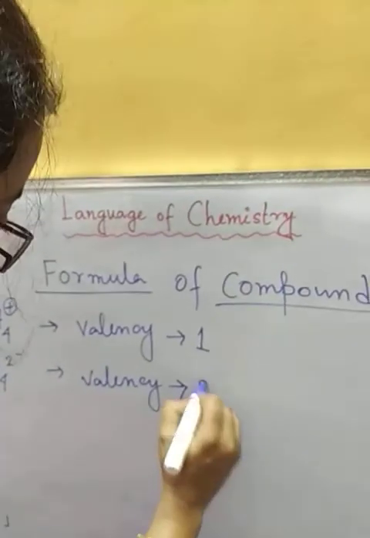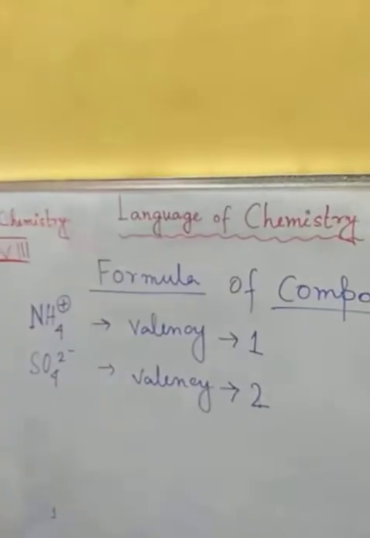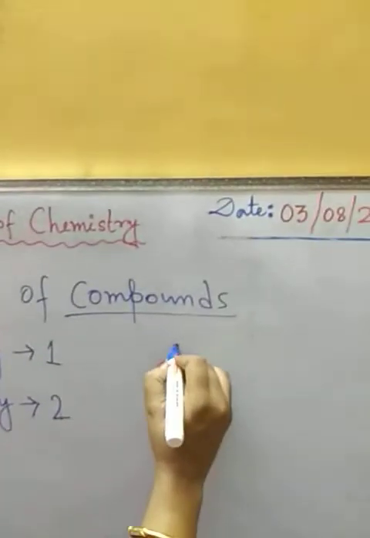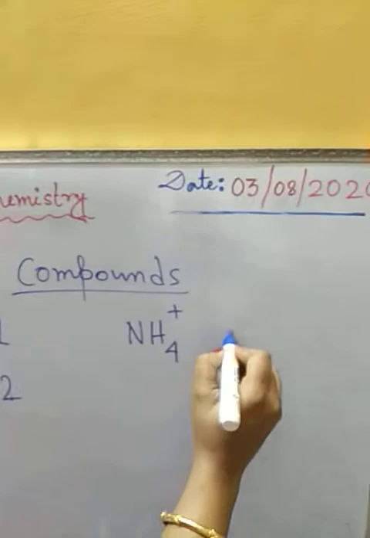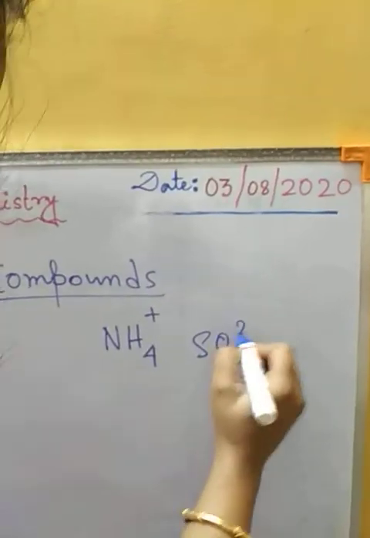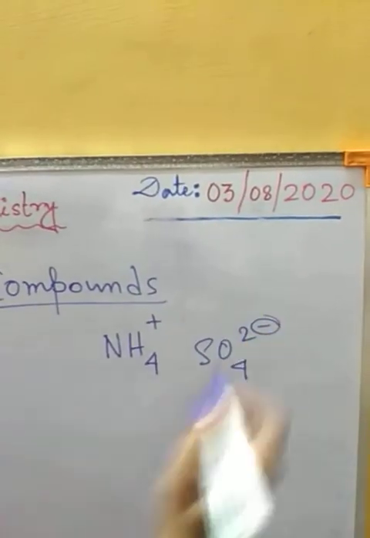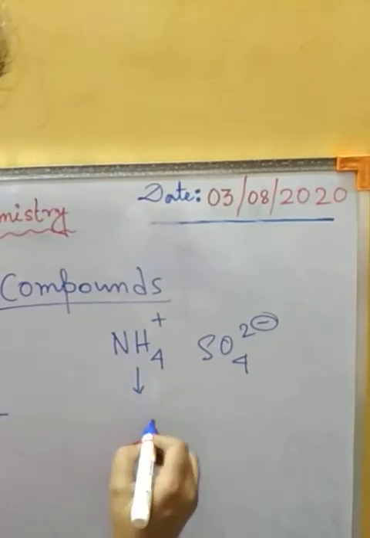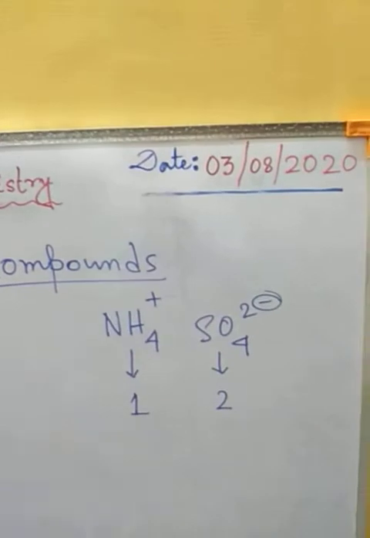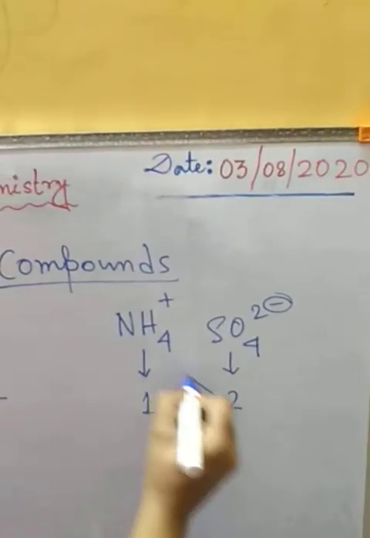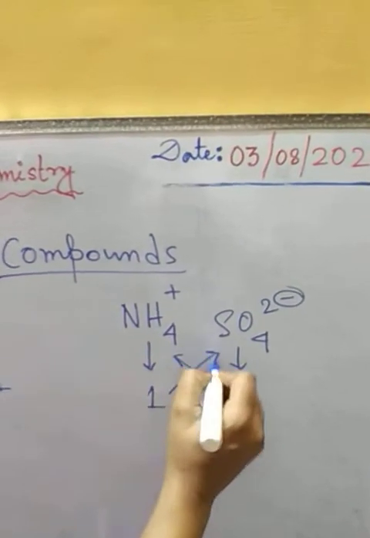Its valency is 2. Now let us write it, NH4 plus and SO4 2 minus. Ammonium's valency is 1 and sulfate's valency is 2. Now we have to cross the valencies.